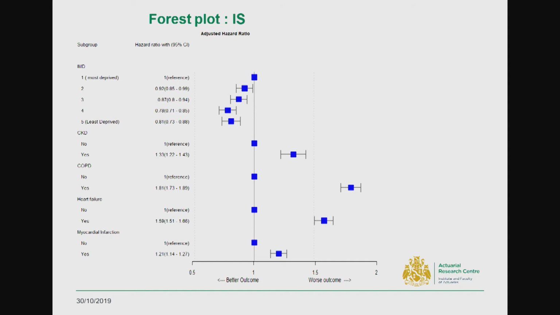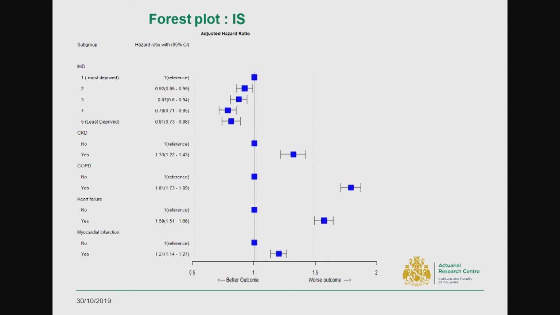So this is the forest plot given the other covariates. Based on the social deprivation, we can see the least deprived you are, the lower the risk. And obviously, prior medical condition confers higher risk. As you will see, if you had prior CKD, you would have a hazard ratio of 1.33.